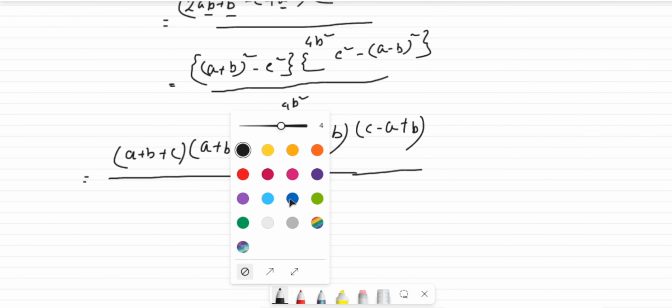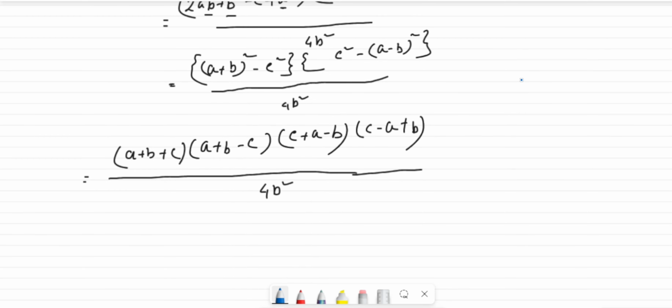Now see, we have assumed initially that s equals half into a plus b plus c, right? Then 2s equals a plus b plus c.